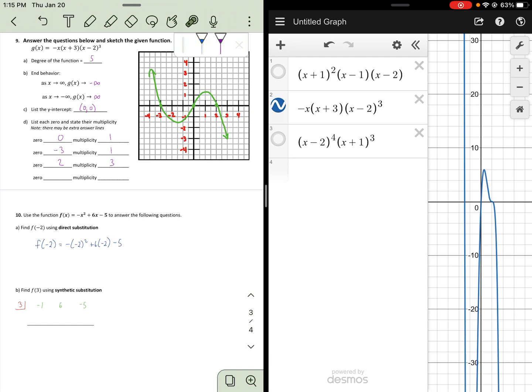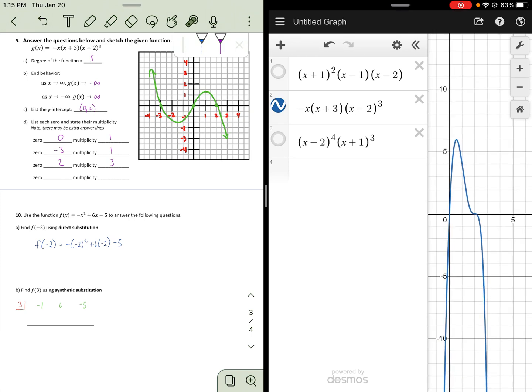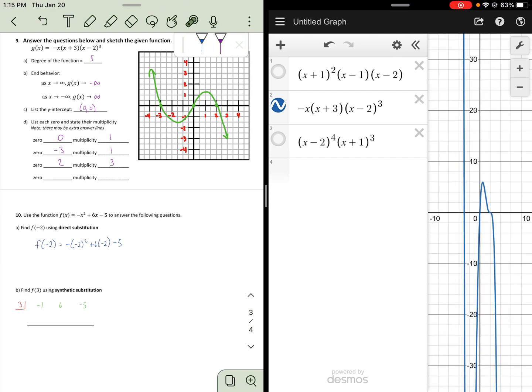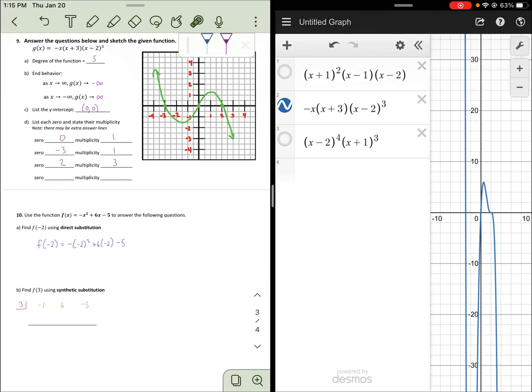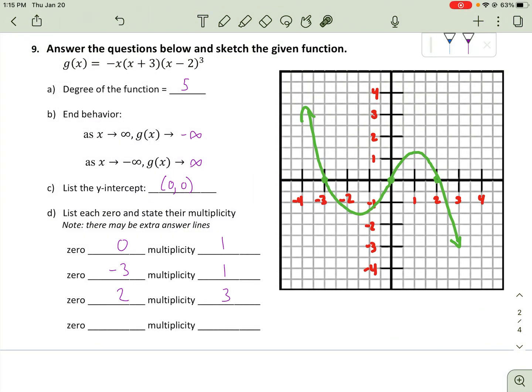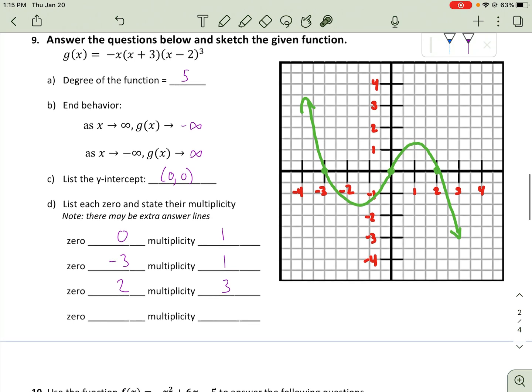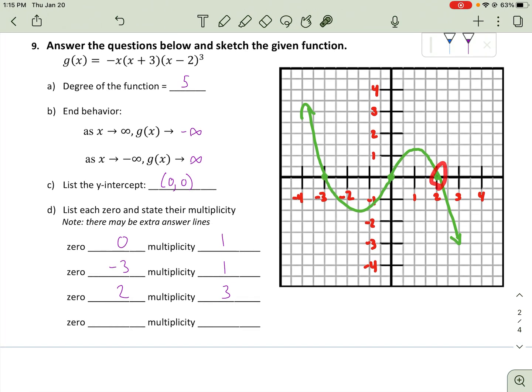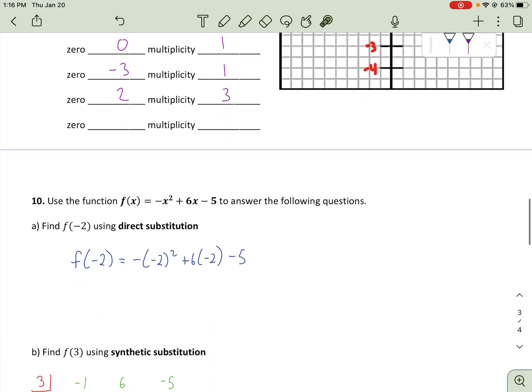And like this part where it kind of flattens out, we're not concerned with that for now at least. There are ways to figure that out, but not what we're doing right now, so it's okay. So just a basic sketch, and so it does look something like that at least. Really, it gets flatter the higher this is. So I should have flattened that out a little bit, but we haven't talked about that, so that's okay.